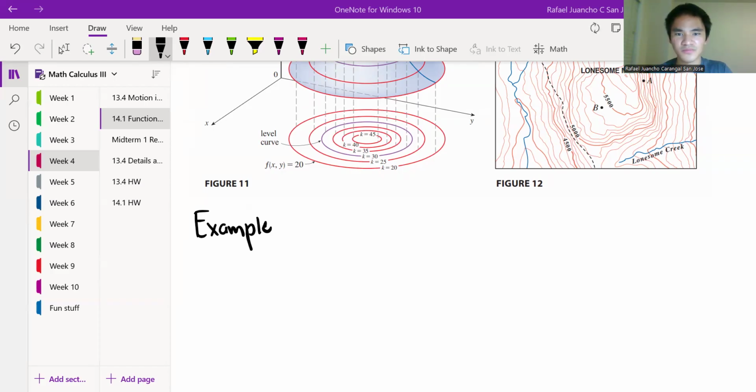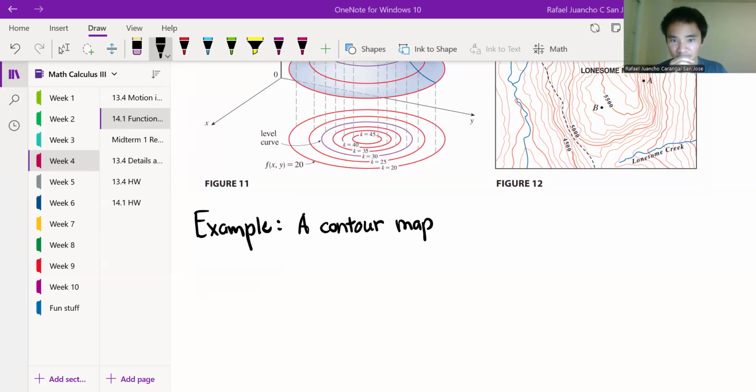So here we want to sketch a contour map. Let's just go for it. So we have a contour map for a function f shown in the figure.